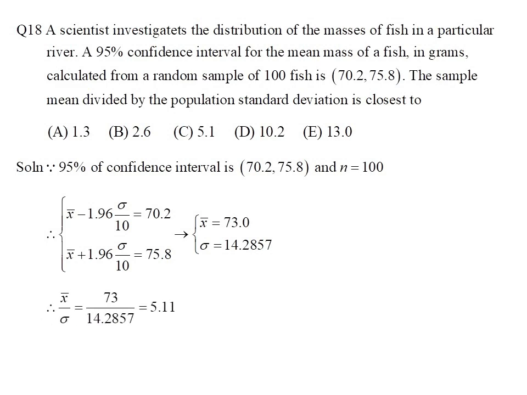Solving these two equations, we obtain the mean mass of a fish, which equals 73 grams, and its standard deviation sigma equals 14.2857 grams. Hence, their ratio equals 5.11. Therefore, the answer for question 18 is C.